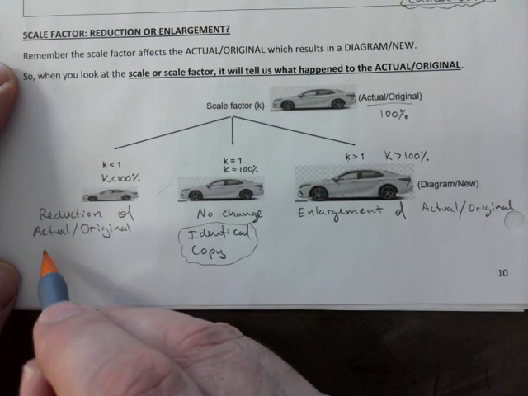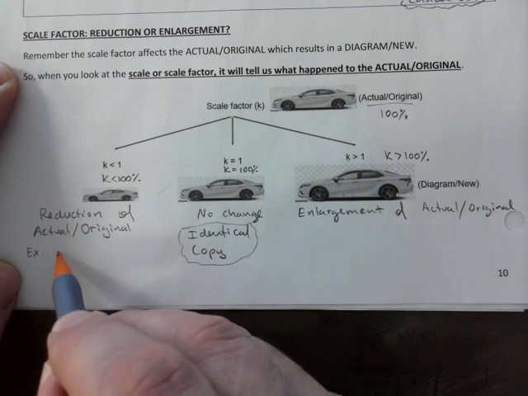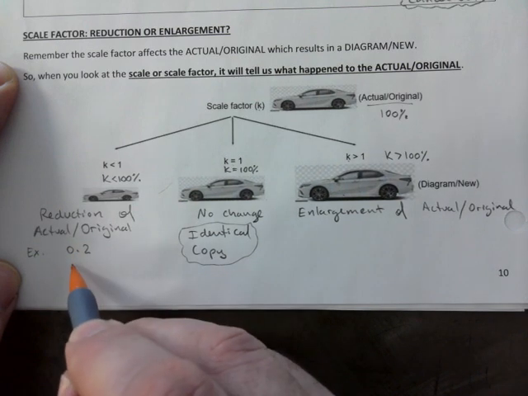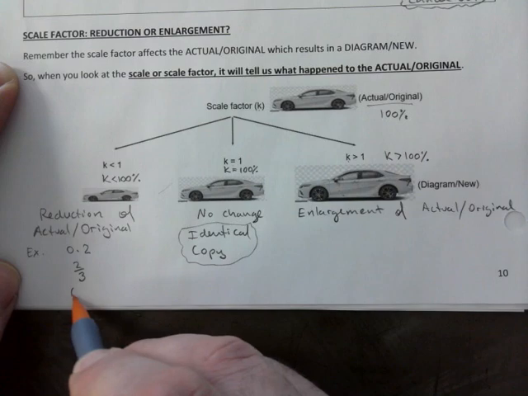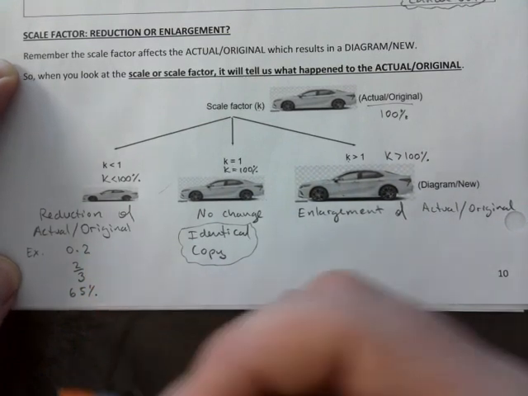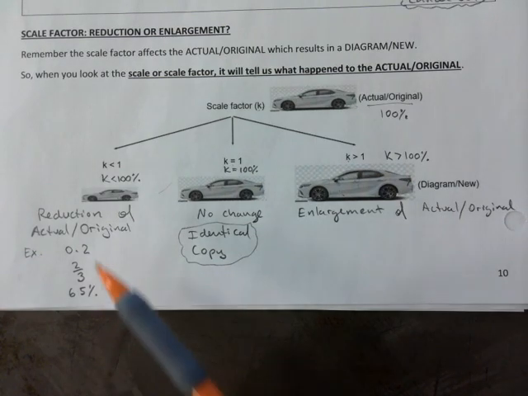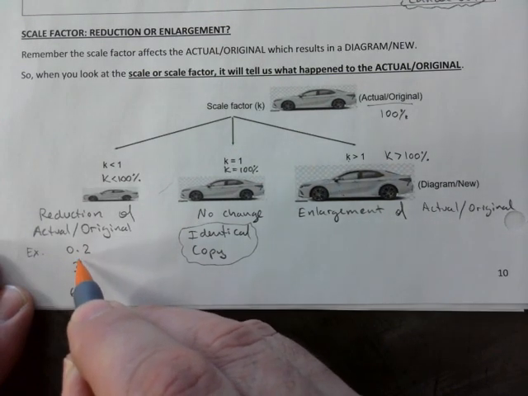So let me give you some examples. So let's say you have, if you have any of these, right? If k is 0.2, or if k is 2 over 3, or if k is 65%, any one of these would indicate to you that this is a reduction of the original, right? All of them, if you were to really convert them, you can clearly tell is less than 1.